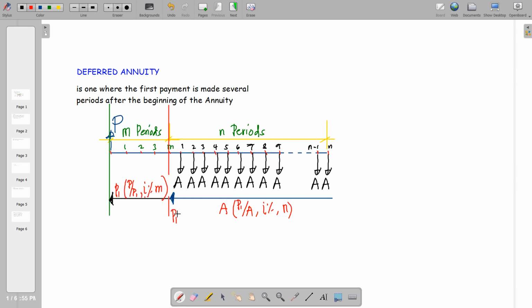Let me just arrange that. So here it is, and P1 is this expression, so we just substitute that value to P1 and copy this notation. As simple as that.